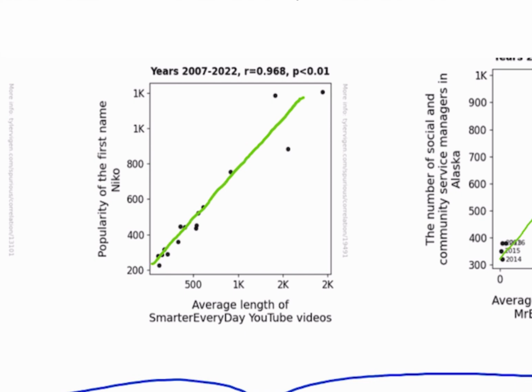The vertical axis is the popularity of the first name Nico. So if the person who runs Smarter Every Day starts making longer YouTube videos, does that mean that the first name Nico is going to become more popular? No, again, that's completely ridiculous.